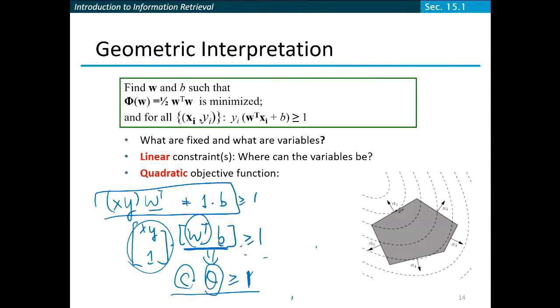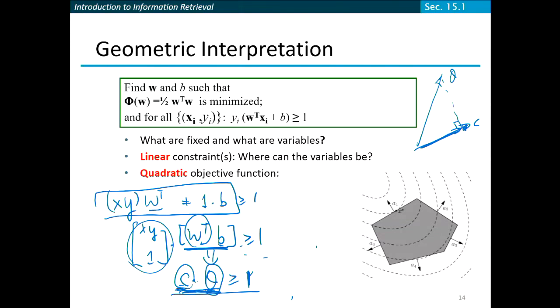Here, theta is the only variable, right? C is actually any direction. The C times theta is the dot product, like the length, and the length should be greater than 1.